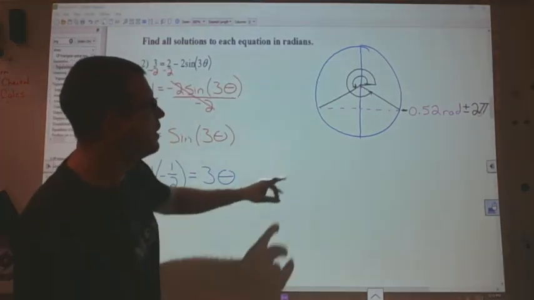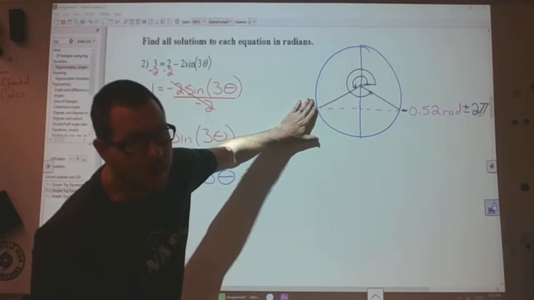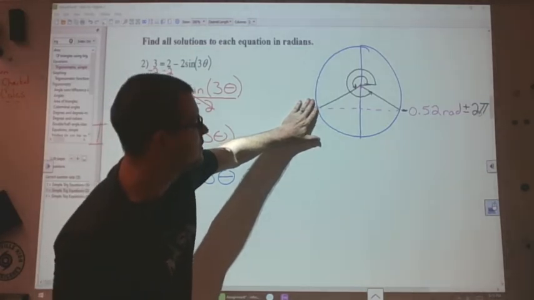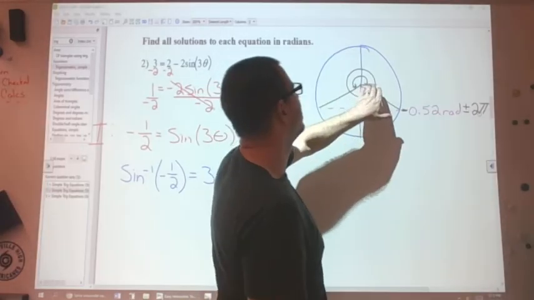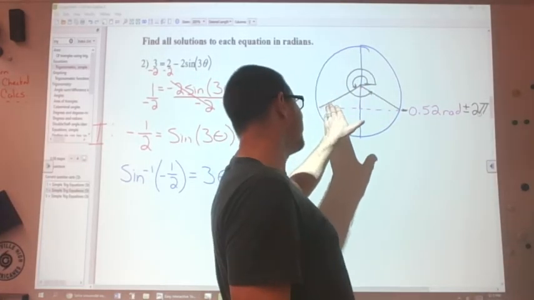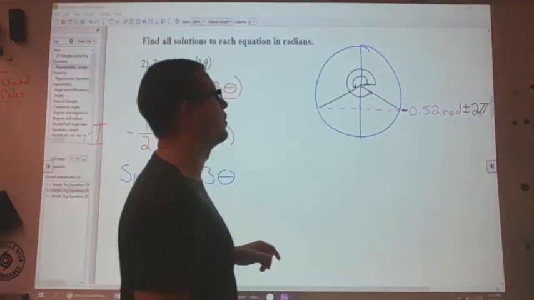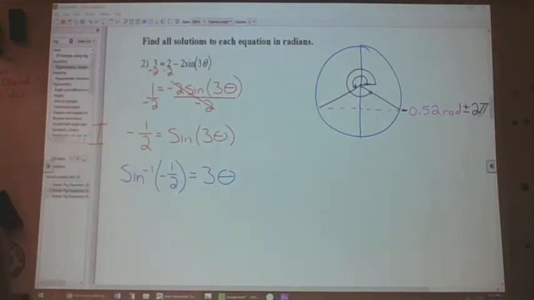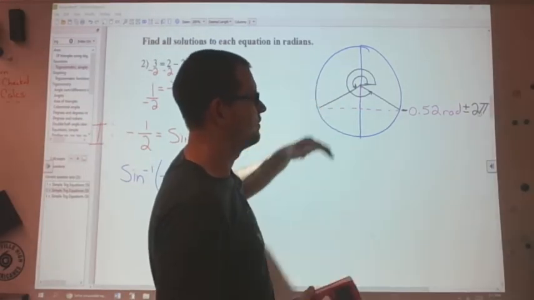But my calculator didn't tell me this other one. So I've got to figure that out using a little bit of geometry, which is that I know that 180 plus that angle there, which is that negative 0.52, will work. So I go 180, well, not 180 radians, pi, so 3.14.